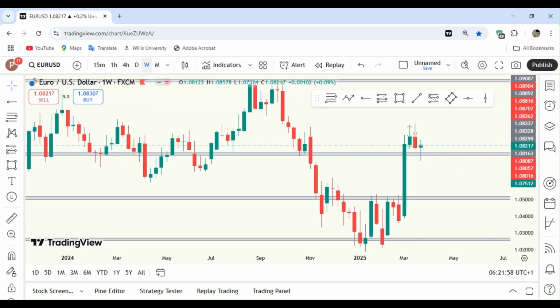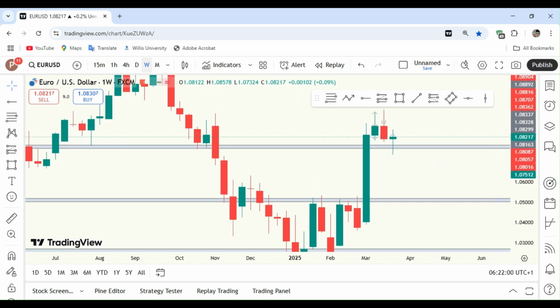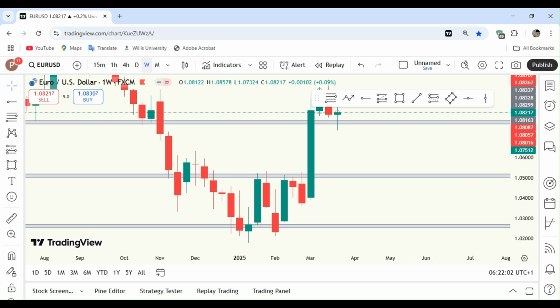If I don't have a significant market structure shift or a continuation pattern happening on my weekly time frame, I scale down to my daily time frame to look out for that market structure shift, or I just look out for any continuation candlestick pattern.